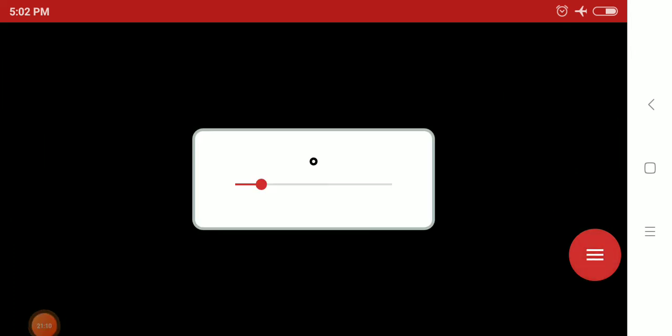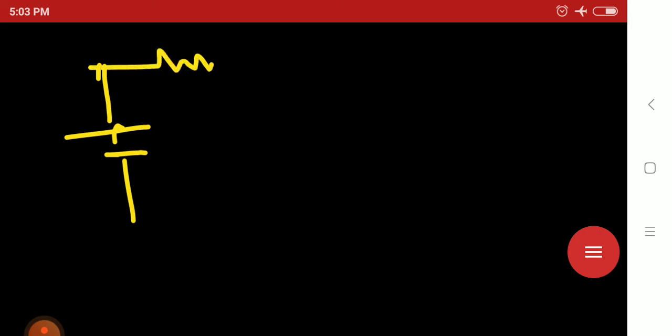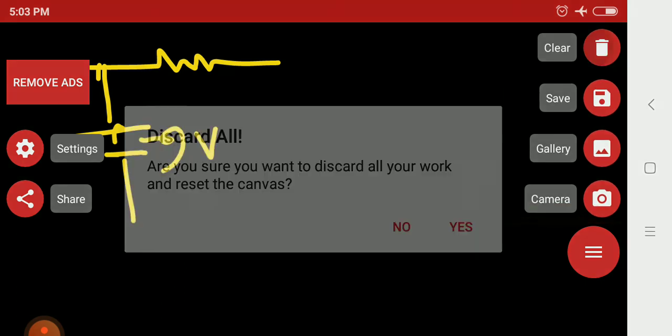So let's discuss a problem on the Zener diode. The circuit is shown in such a way. Here is a 9-volt battery, let me draw properly.